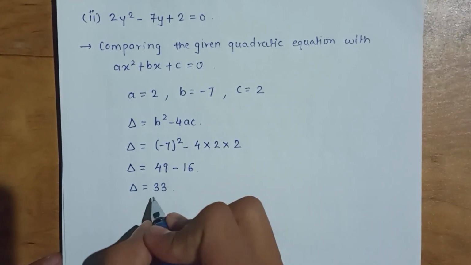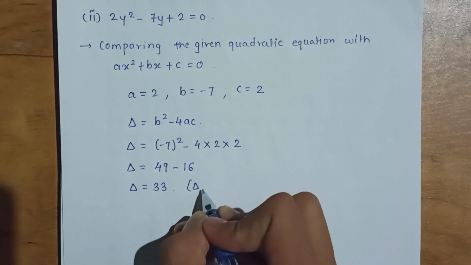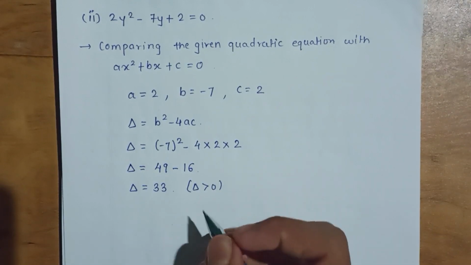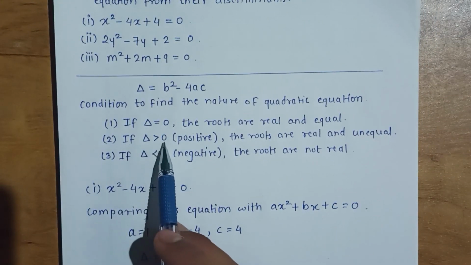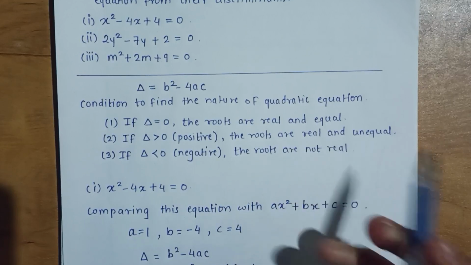So now delta is greater than 0. You do not have to write this, I am writing it for your understanding. Our second condition says that if delta is greater than 0, that is positive, then the roots are real and unequal.